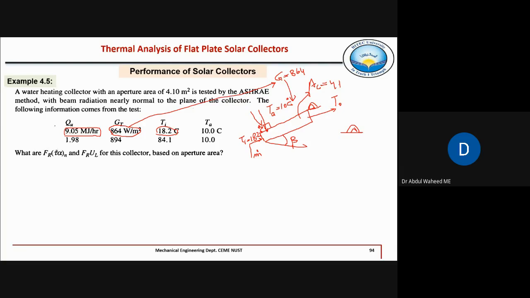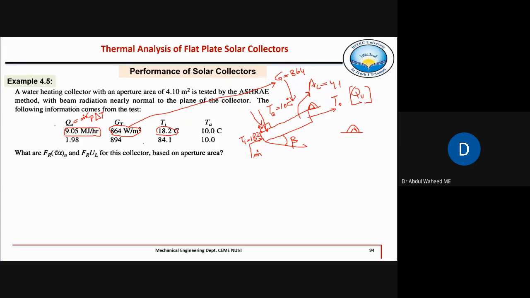So then this QU was measured using this simple equation, m dot Cp into delta T, where delta T is TFO minus TFI. So this QU is experimentally measured using that experimental setup. And that was measured to be 9.05 megajoules per hour.